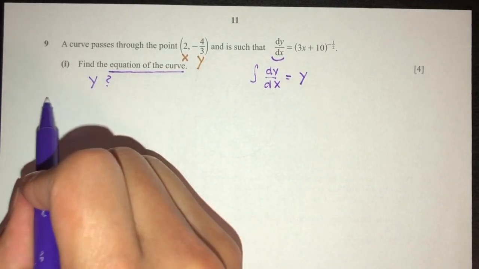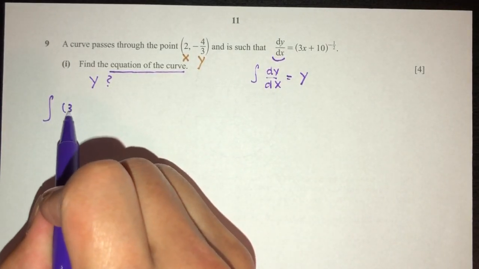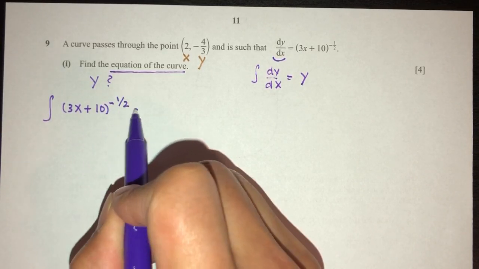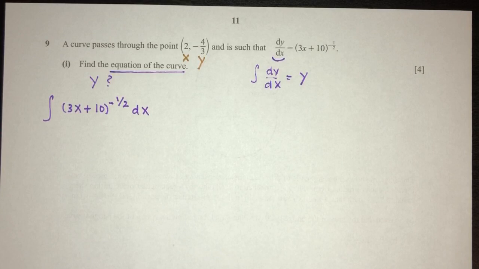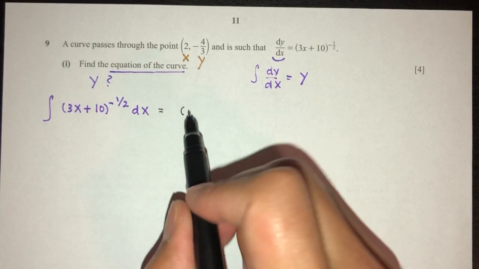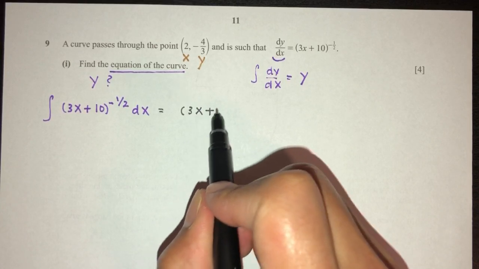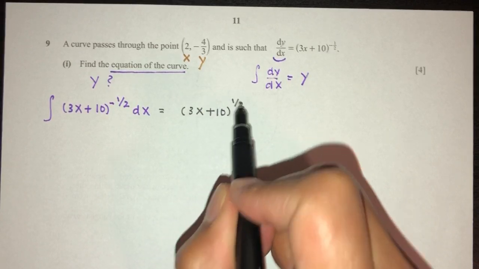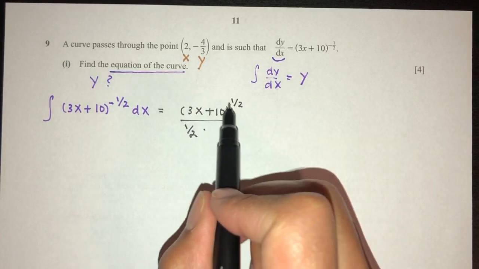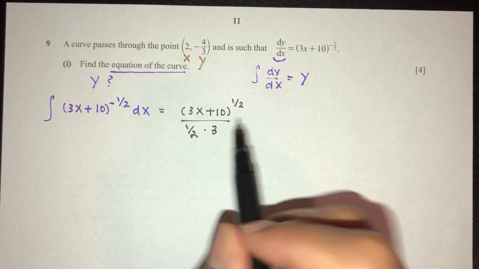So let's do that. Integration of dy by dx, which is (3x plus 10) to the power minus half, dx. Now step by step. First, we increase the power by 1. So minus half plus 1 is half. Then divide by this power, then divide by the differentiation of the inside, which is 3.